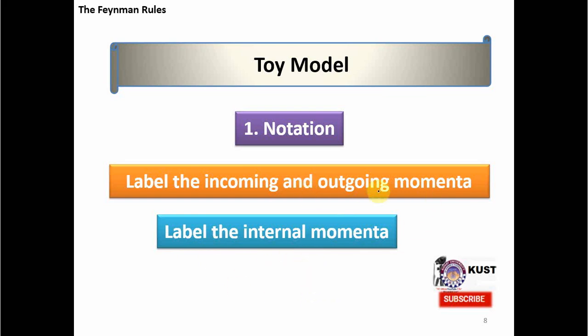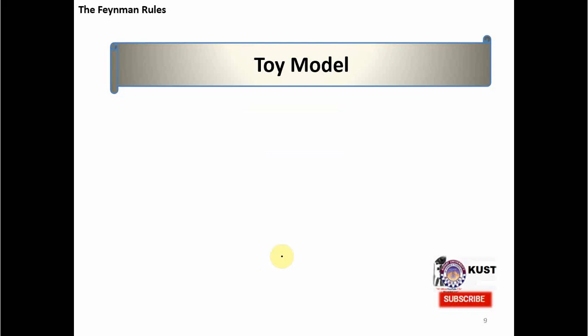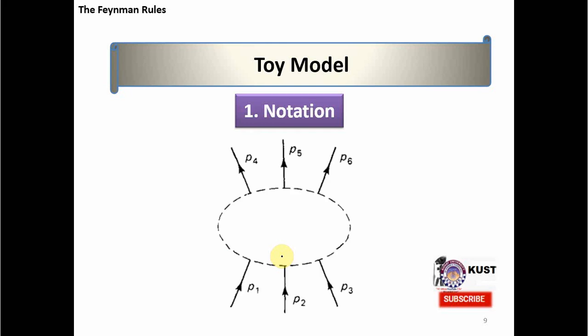Usually we label them with a P. The incoming and outgoing momenta are labeled with the symbol P, and the internal momenta are labeled with the symbol Q. For example, in this toy model, you can see this is, for example, the labeling.